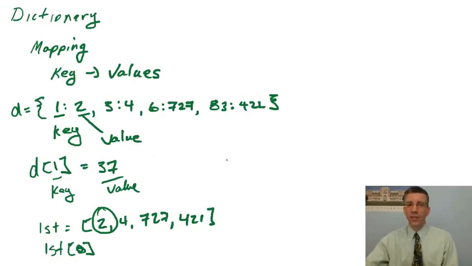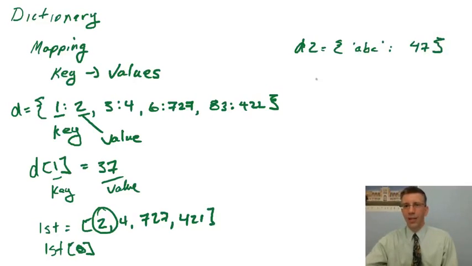I also don't even need to use numbers. So I can have a dictionary D2 that maps the string ABC to the number 47. I can even have a dictionary that maps the string AB to the list 168.